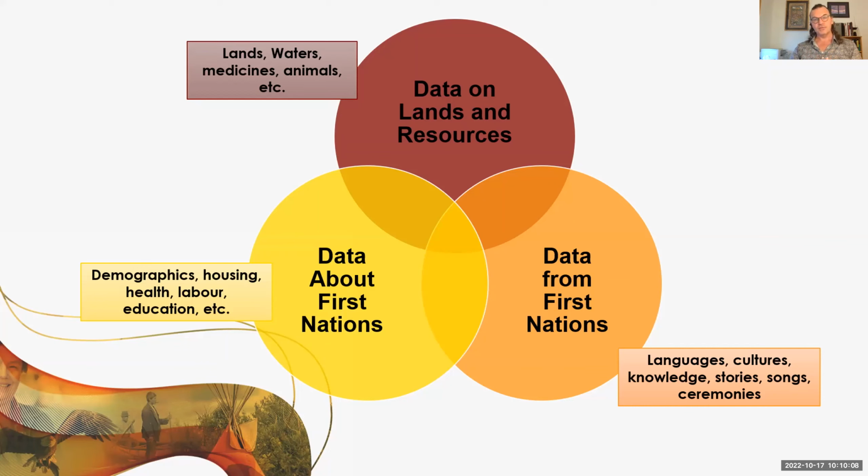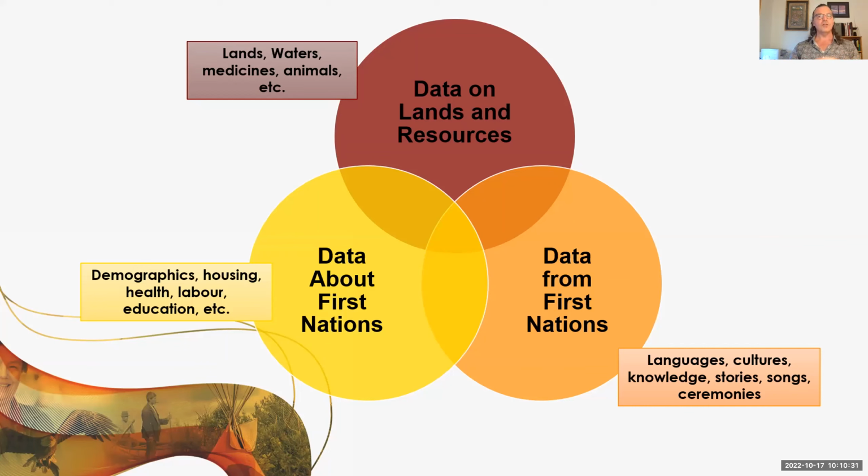It's also data about First Nations, which may be considered in, more demographic data, quantitative data that tends to be associated with services, demographics, population. It could include administrative data, research data, certainly health data and medical data, and data from First Nations.